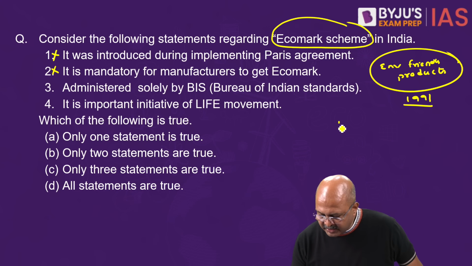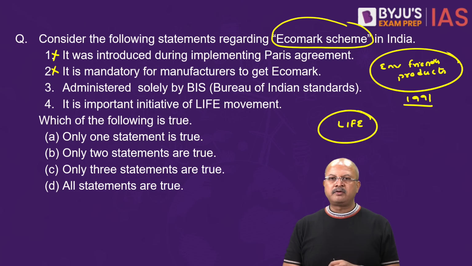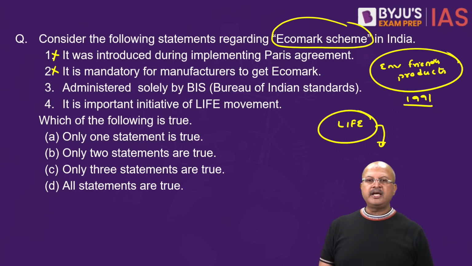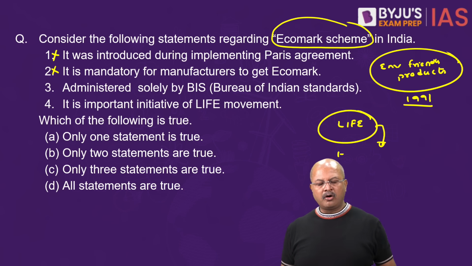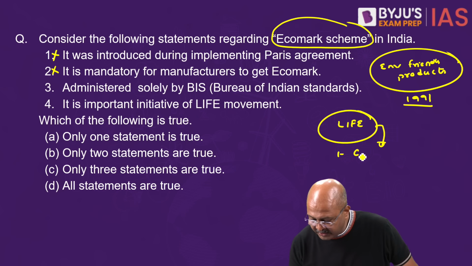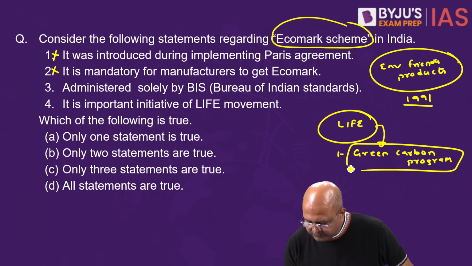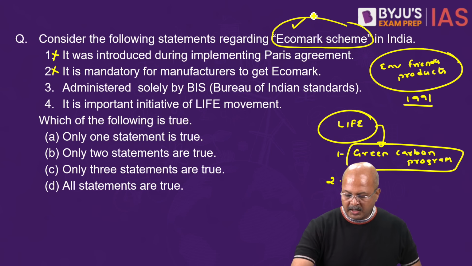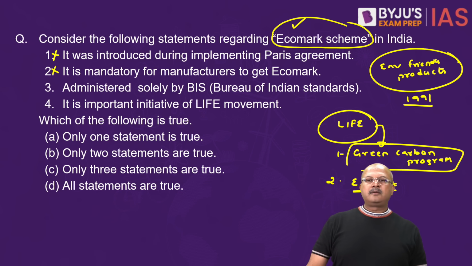Now, India introduced its LiFE movement, which is about change in the behavior of individuals and groups. It is a mass movement initiated by India to bring behavioral change with reference to climate change. As part of the LiFE initiatives, India introduced 2 programs. The first program is associated with something called the Green Credit program.